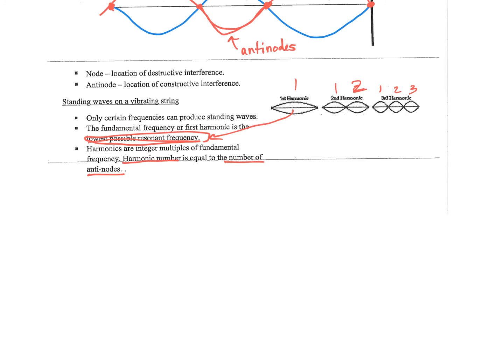Your second harmonic is at 800, third harmonic is at 1200, fourth harmonic is at 1600. Okay. Makes sense? Kinda? Kinda, sorta? All right.